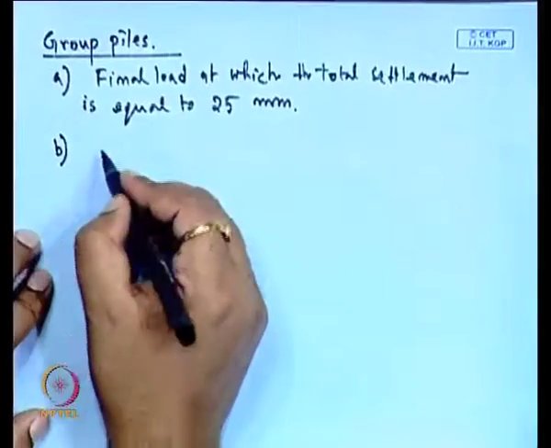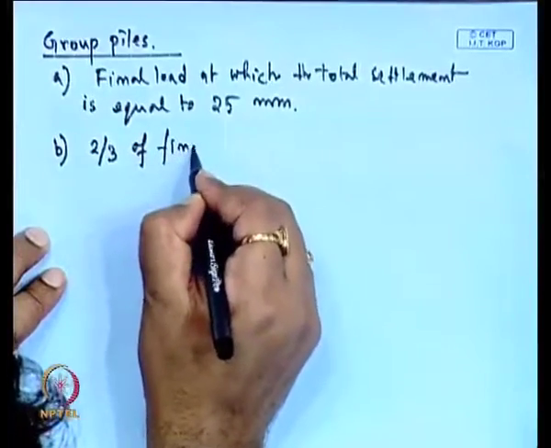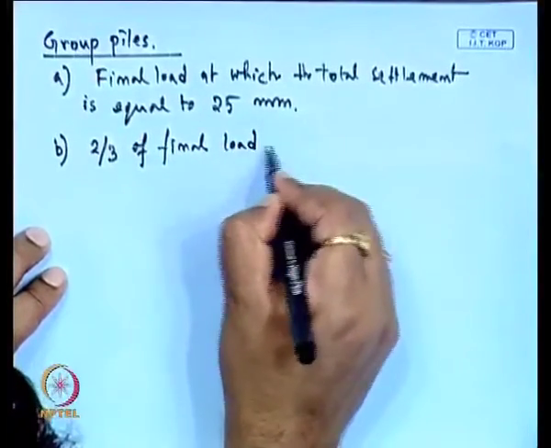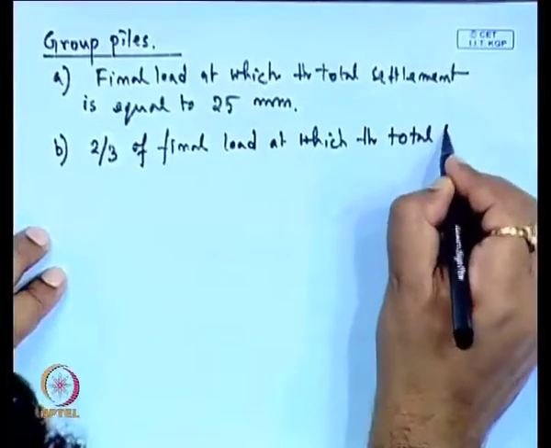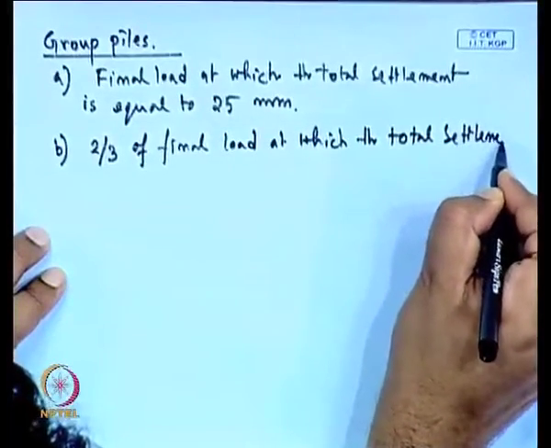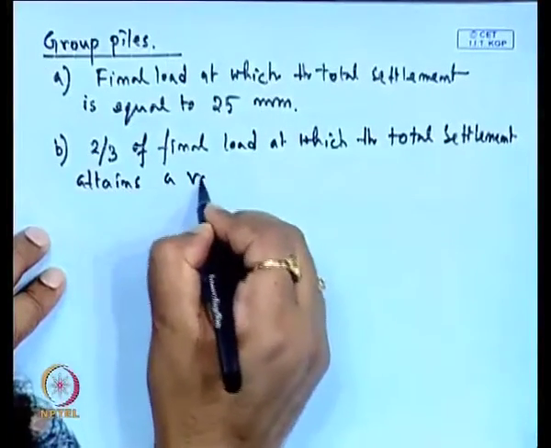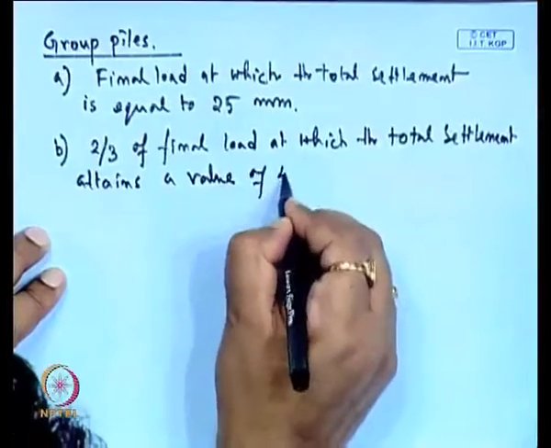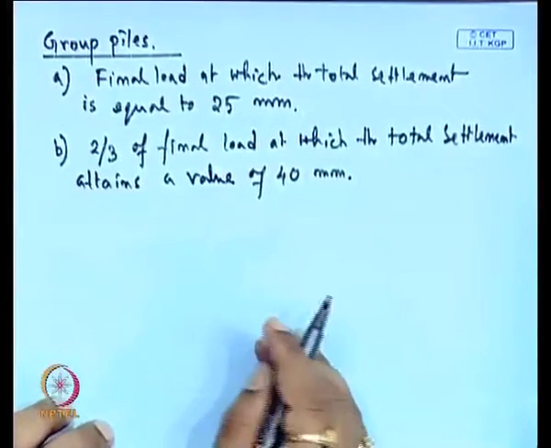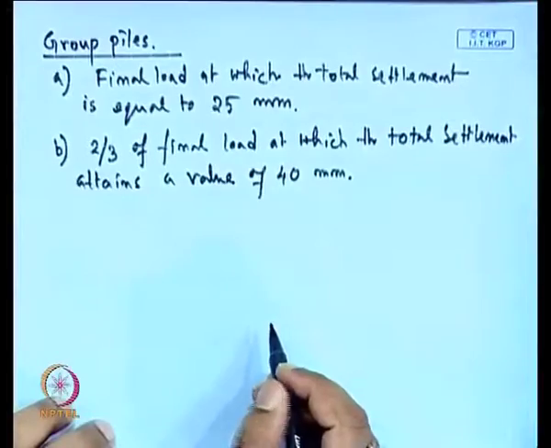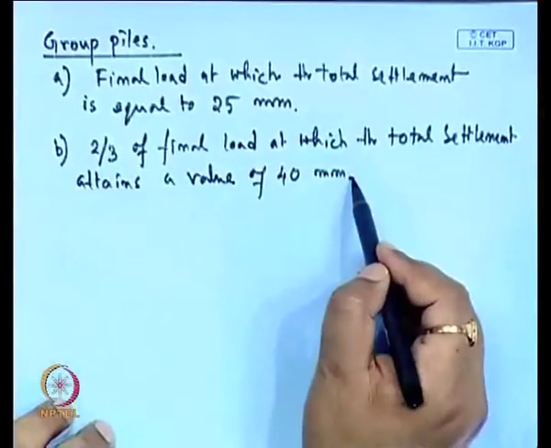Now, the second condition is 2/3 of the final load at which the total settlement attains a value of 40 millimeters.